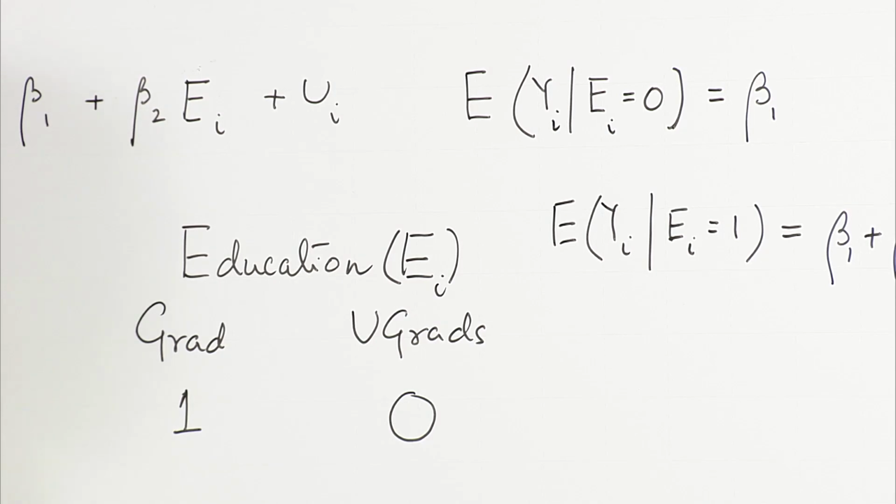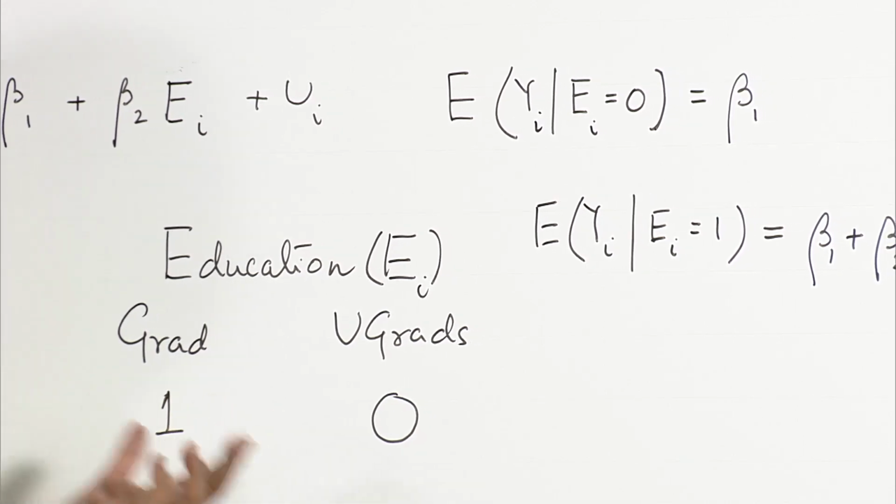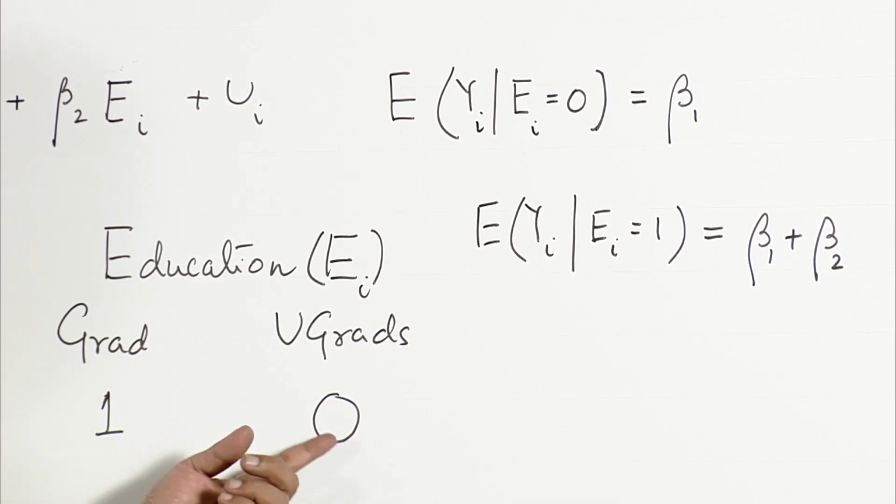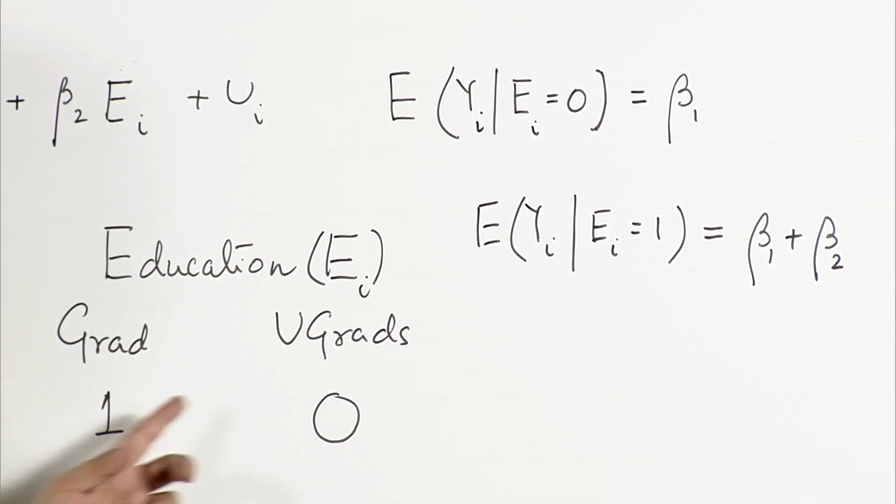Why we are doing this will become very clear when we expand this model to incorporate higher levels of education. We can explain it with this model, but in a few minutes time we will go for an expanded model and explain why we have for 2 possibilities only 1 dummy variable.